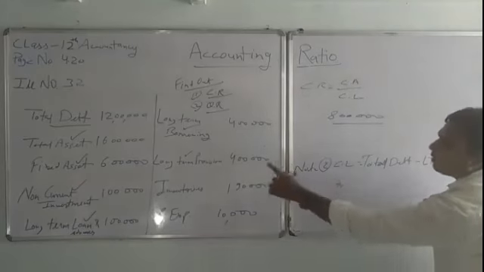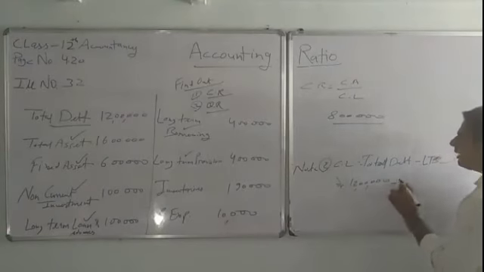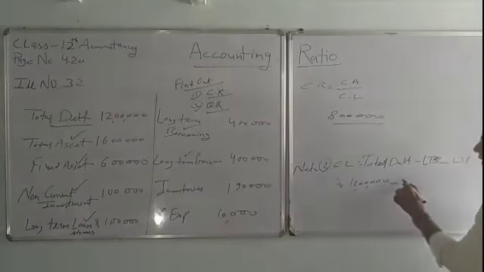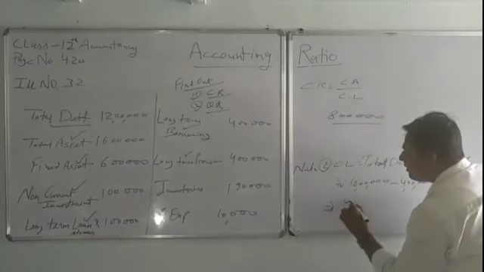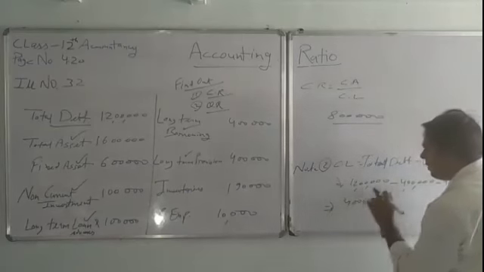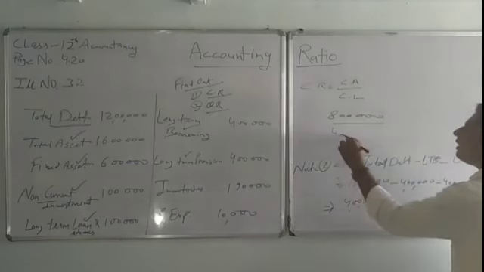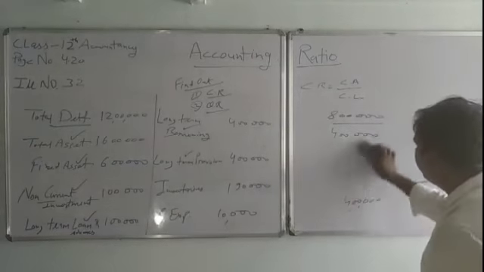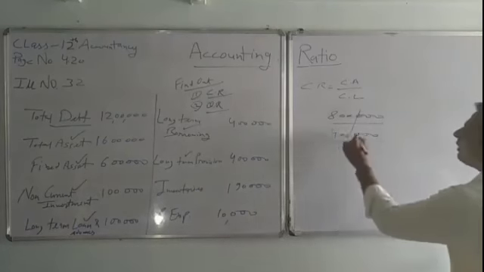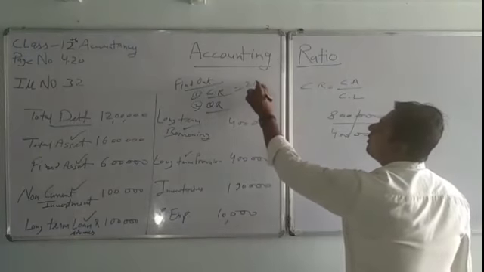So it will come 12 lakh minus 4 lakh minus 4 lakh. 12 minus 8, 4 lakh. So this is our current liability. So what is our ratio? 2:1. That is what was asked of us.